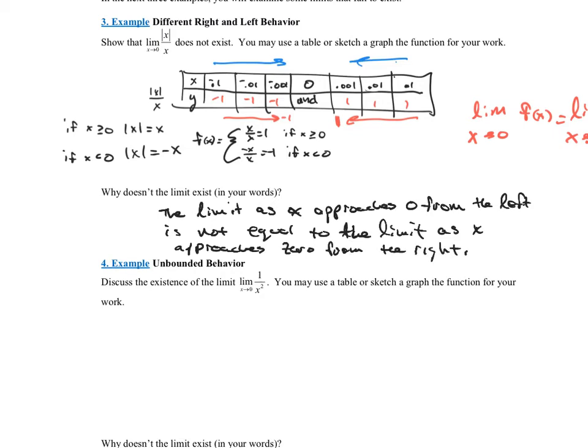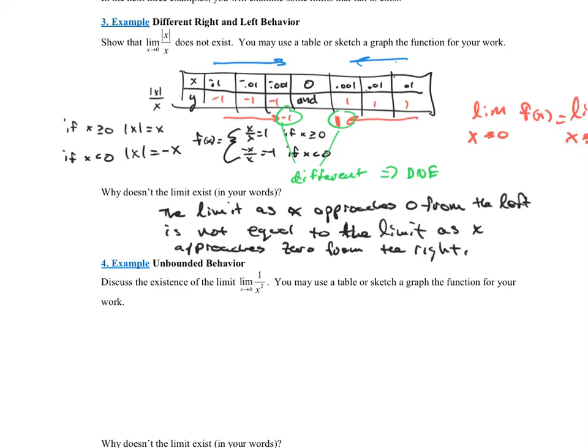Okay, that would be more of an official, thorough sentence here. Notice here you have negative 1, here you have 1, and these two numbers are different. Anytime they're different, we know the answer is does not exist.